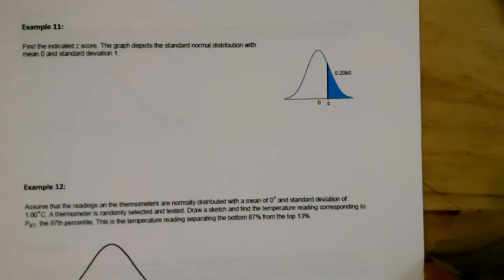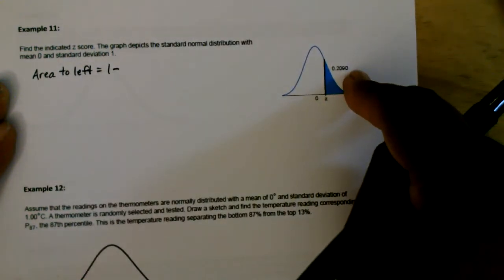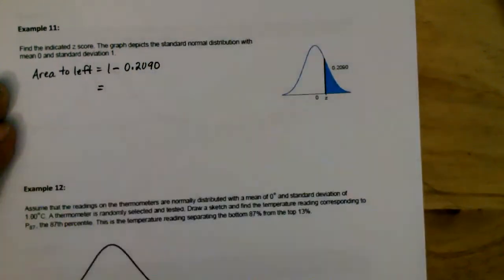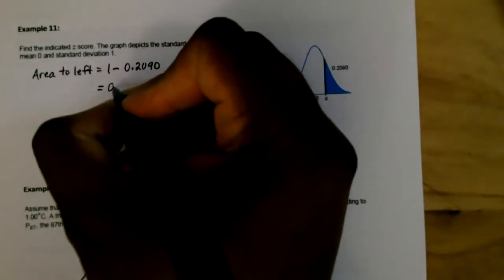So the first thing you have to do there is find the area to the left if you're going to use table A-2, which is that standard normal distribution table. So we got to do 1 minus this area to the right, which is 0.2090. So if I subtract 0.2090 from 1, I'm going to get 0.7910.